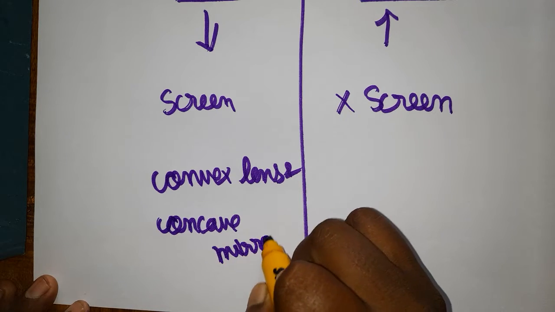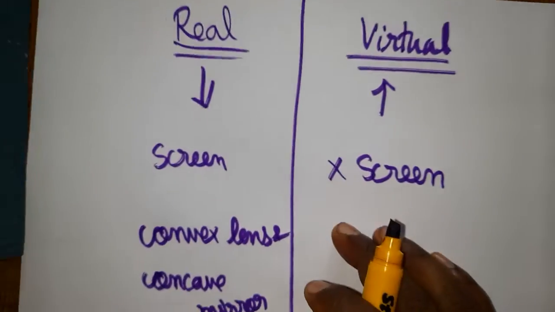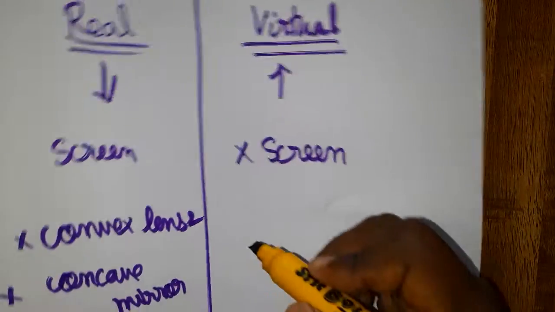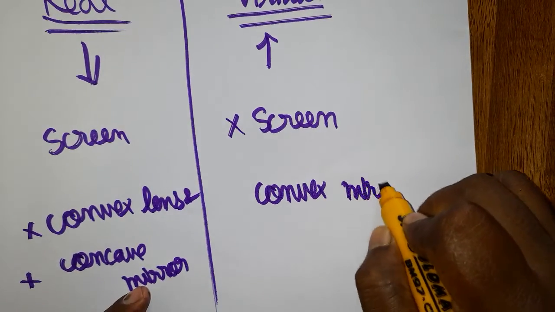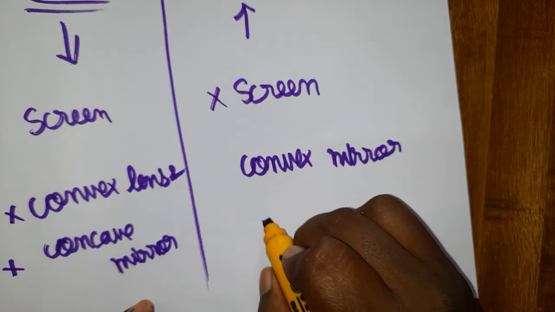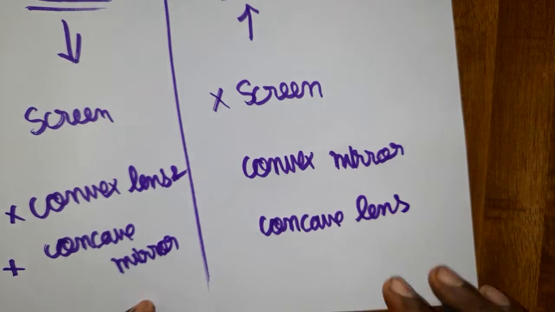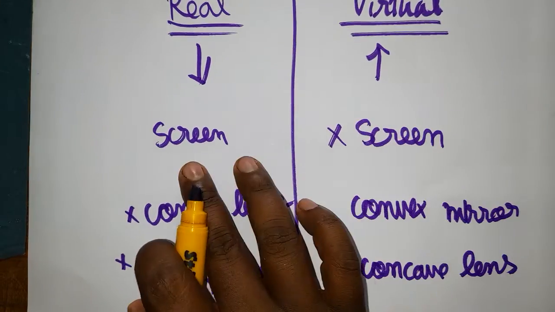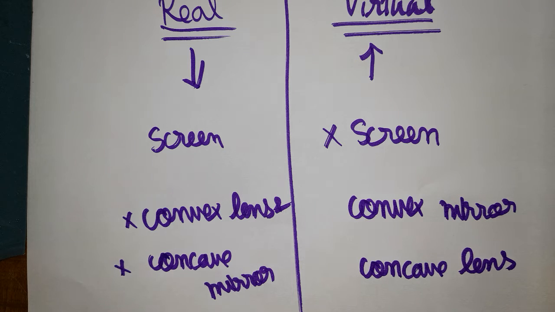A virtual image can be produced by everything. The convex mirror always produces a virtual image, and the concave lens also produces a virtual image. The simple differences: real is inverted, virtual is upright; real forms on a screen, virtual does not; real is actual intersection, virtual is not. That's the main difference between real and virtual images.